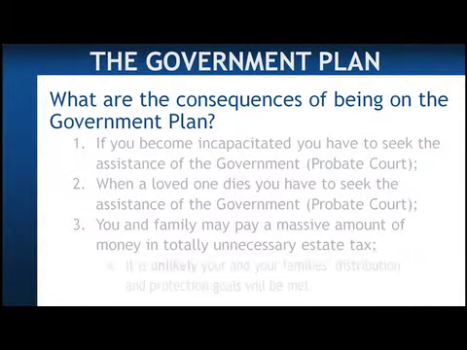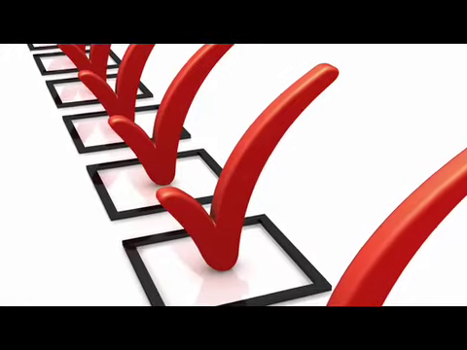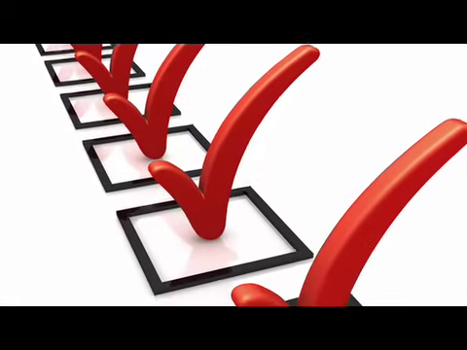In addition, it is unlikely your and your family's distribution and protection goals will be met. By remaining on the government plan, you have done nothing to set up a regimen that could assure your life's work is distributed and protected in the manner you would prefer.